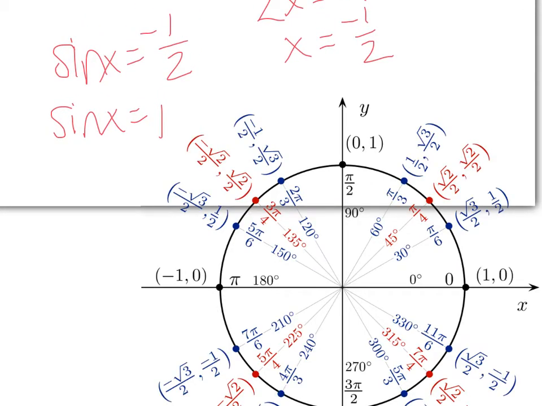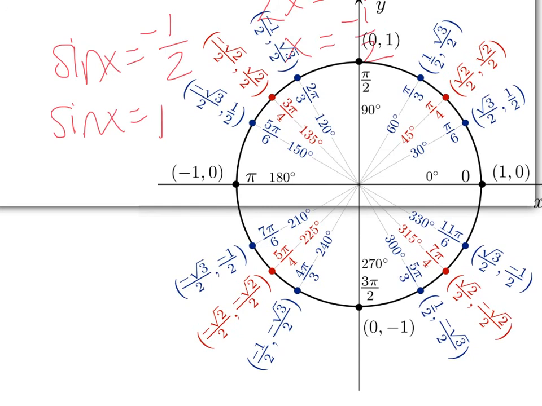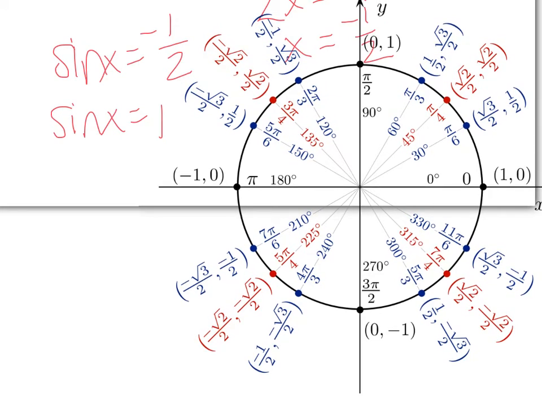Okay, where does sine x equal negative 1/2? Well, first of all, sine is negative in quadrants 3 and 4. Negative 1/2 is going to happen right here at 7 pi over 6 and right here at 11 pi over 6. So far we've got x equals 7 pi over 6.